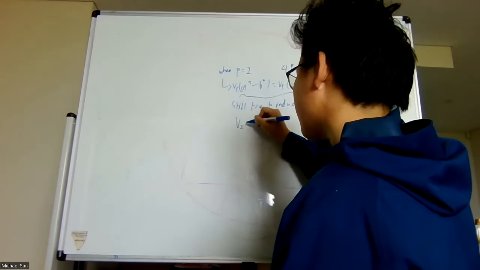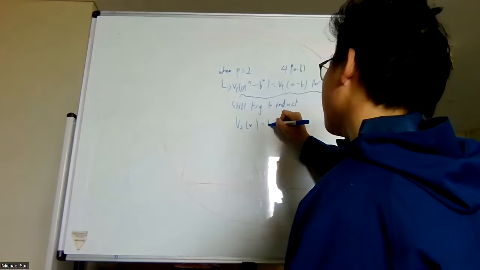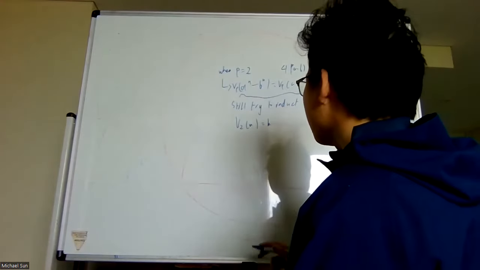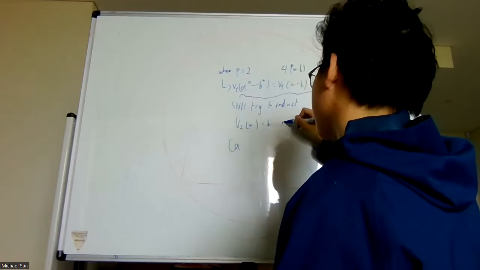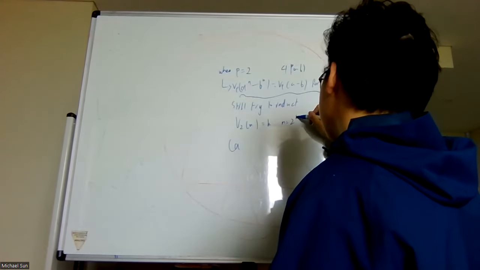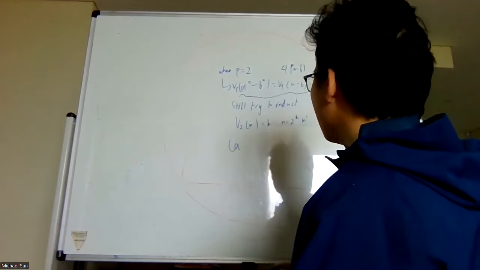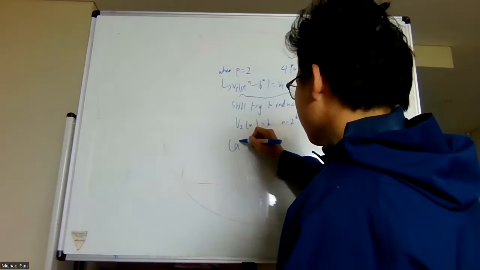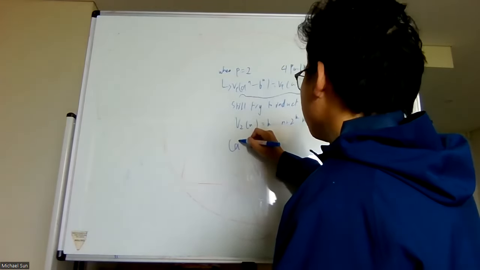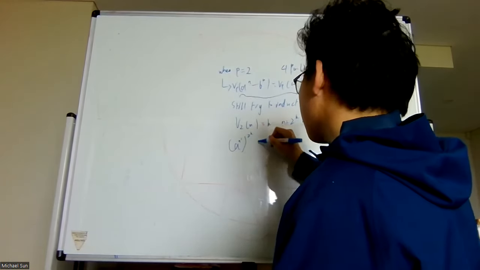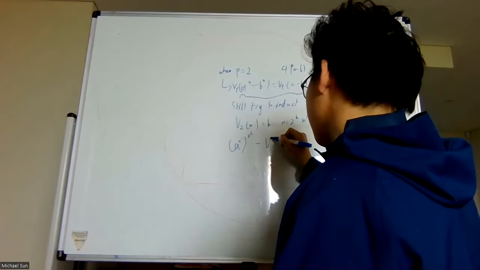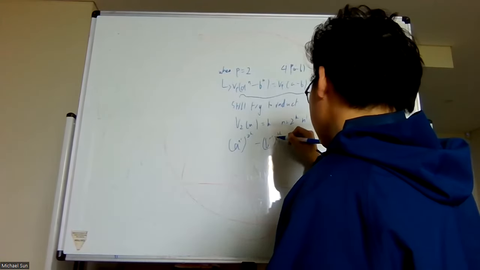We'll say v2 of n is equal to k, right? And then n is equal to 2^k n dash, which is going to be equal to a^(n dash) to the power of 2^k minus b^(n dash) to the power of 2^k.